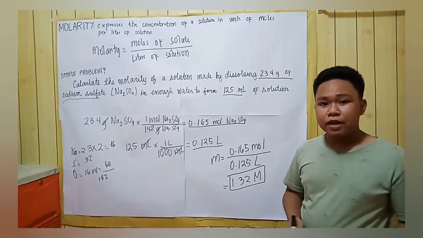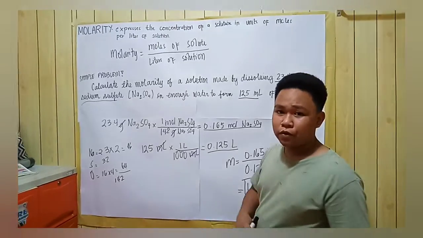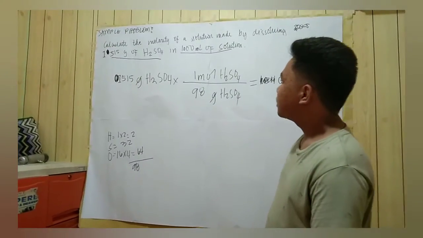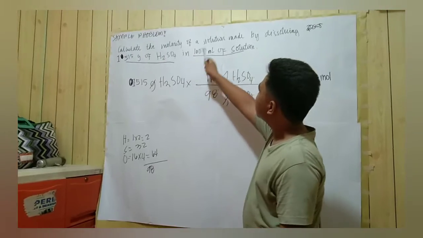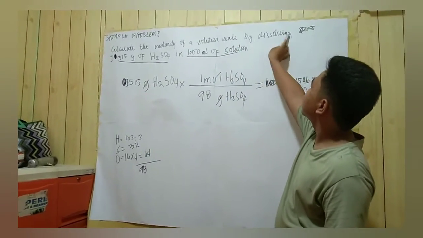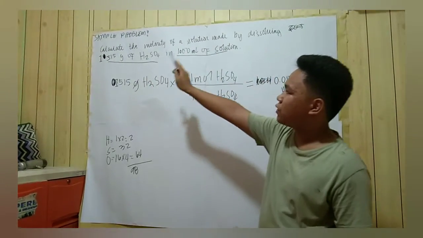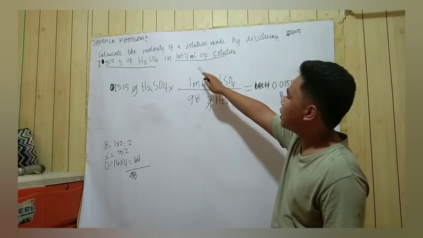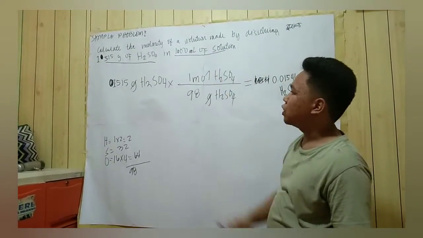We have another sample problem to further digest the topic. Calculate the molarity of a solution made by dissolving 1.515 grams of sulfuric acid in 1000 milliliters of solution.